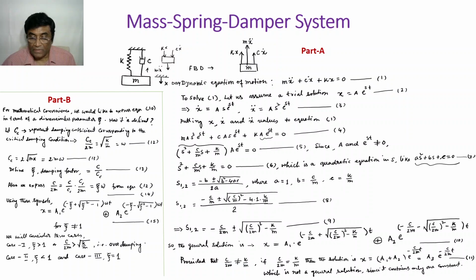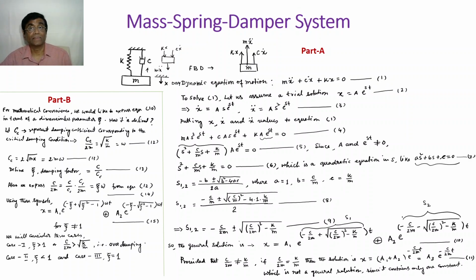This is one root, s1, corresponding to A1, so my general solution will be x = A1 e^((−c/2m + √((c/2m)² − k/m)) t). This is for s1. And similarly, taking the negative sign, this is for s2.